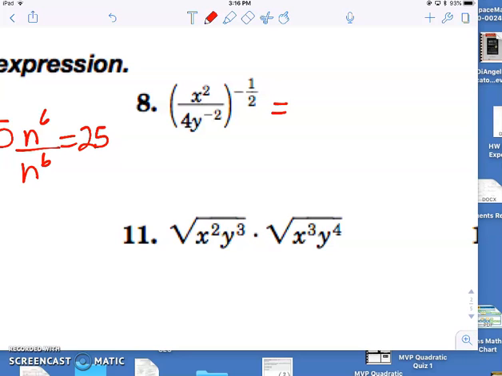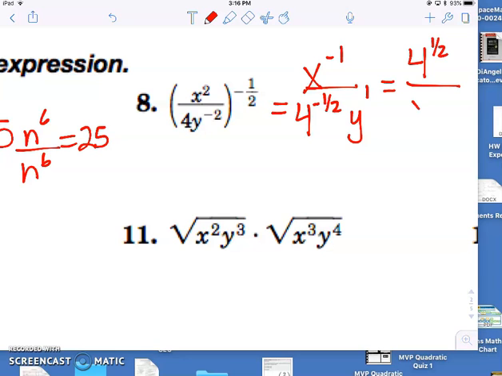If we distribute the negative half here, x to the negative 1, 4 to the negative half, y to the positive 1. So we have to move our negatives, so 4 to the positive half, x to the 1st, y to the 1st. So we end up with 2 over xy.